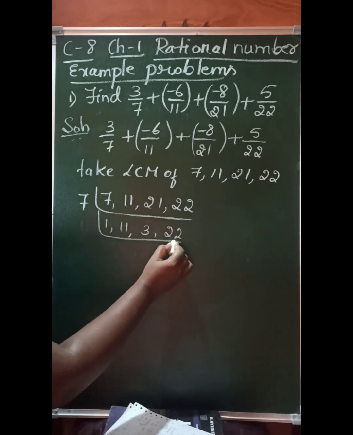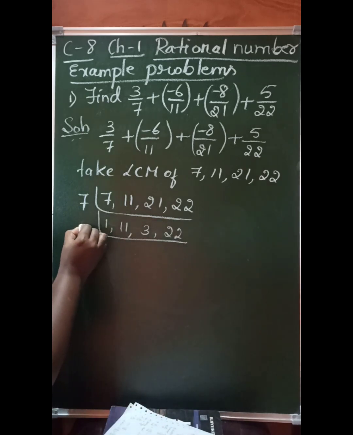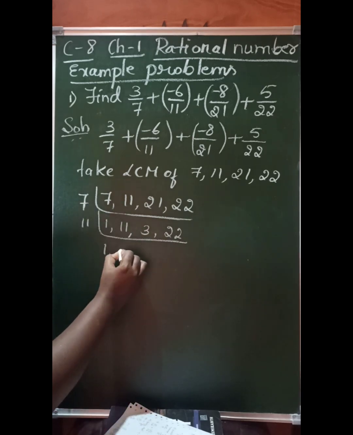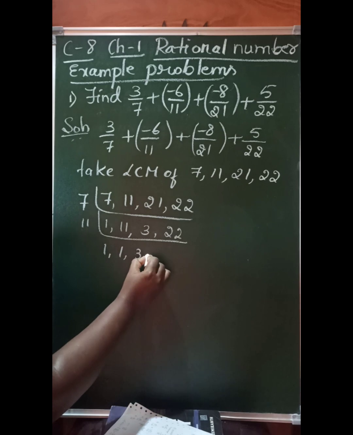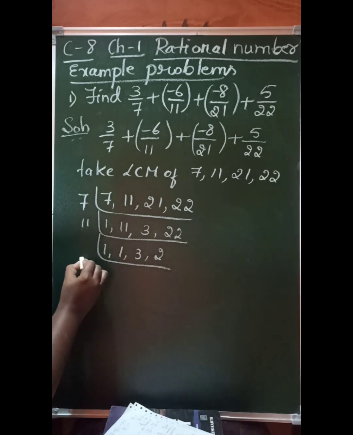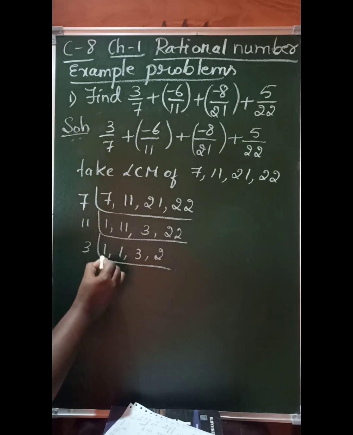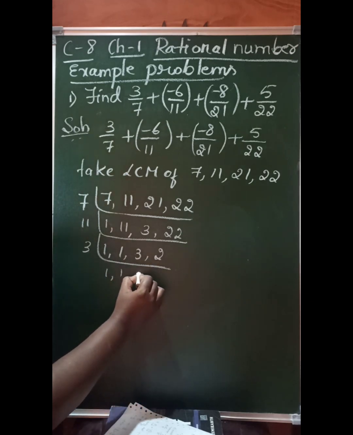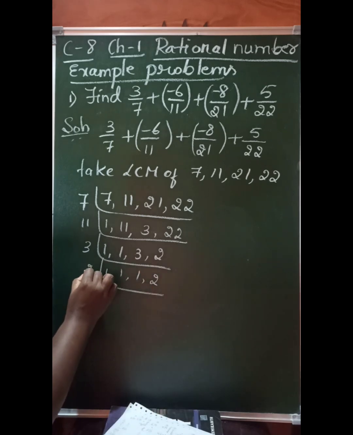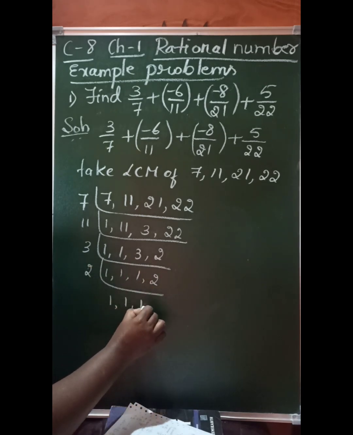Now, if you observe, these two numbers can be divided by 11. So write 1 as it is, 11 ones are 11, 3 as it is, 11 twos are 22. Then these are two different numbers, so we consider 3. 3 ones are 3, and 2 as it is. Keep dividing until you get 1.